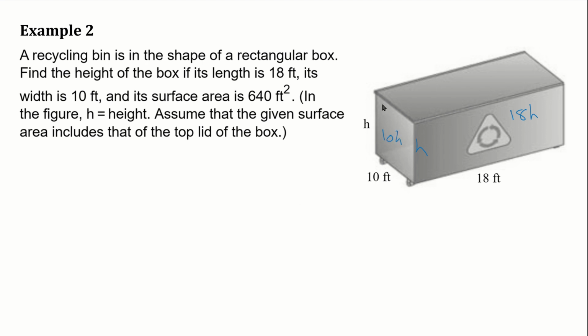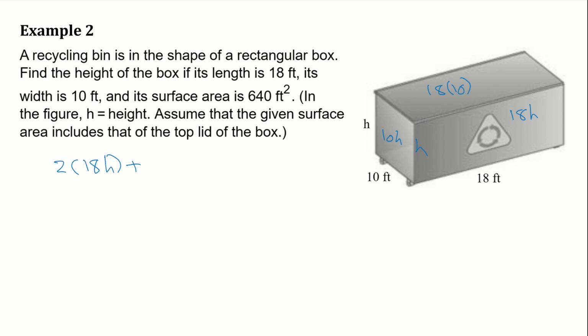The top piece is going to be 18 by 10, which is the same as the bottom piece, 18 by 10.